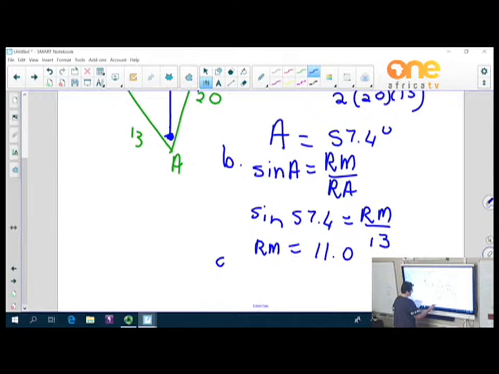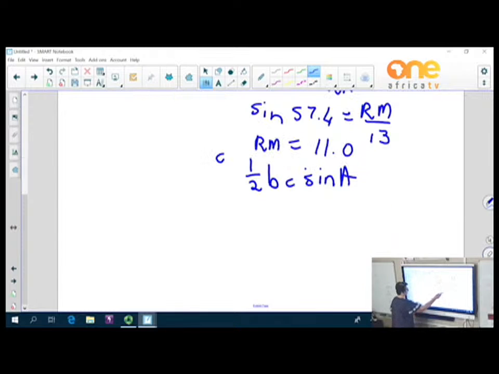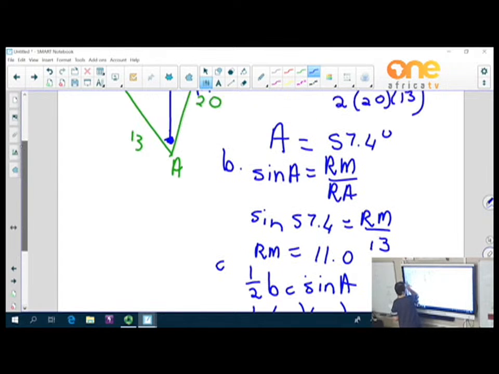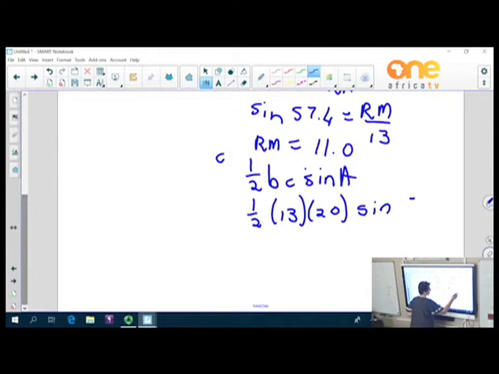And the last one, number C, now we have to calculate the area. Area is half BC sine A. Just remember that it should be 2 sides and the included angle. So this is why we're going to use 13 and 20, and the angle A is then sine A, and we got A now to be 57.4 degrees.